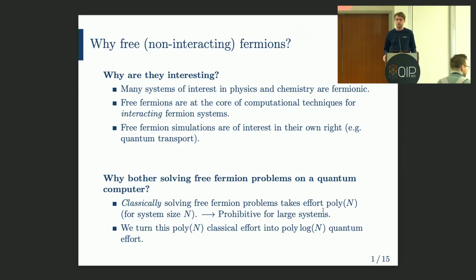If you want to run large-scale free fermion simulations, you might run into bottlenecks for interesting system sizes. So in this work, we try to turn this poly(N) classical effort into a poly log N quantum effort. Our goal is to design an algorithm with end-to-end quantum effort that scales like poly log N.